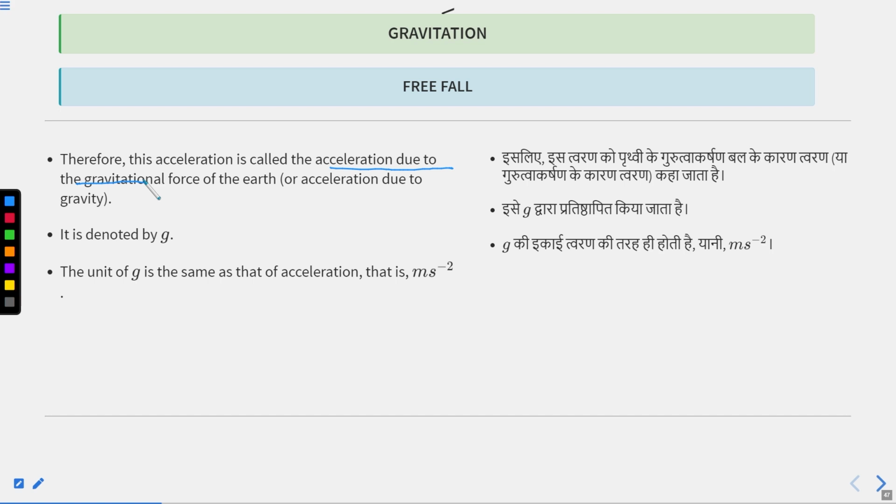And this acceleration is denoted by a new symbol g. Okay, g is acceleration due to gravity.